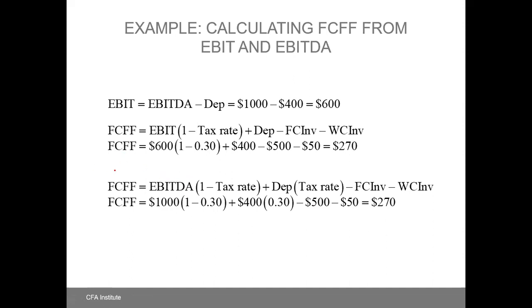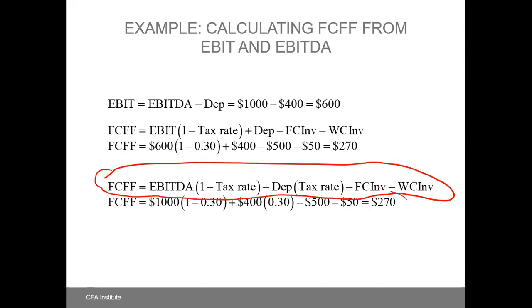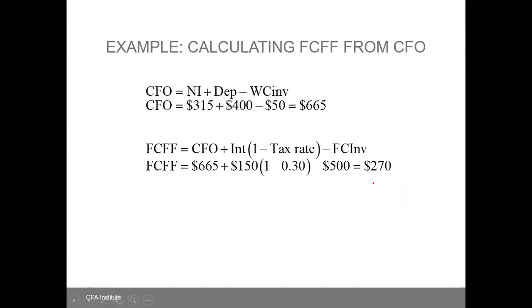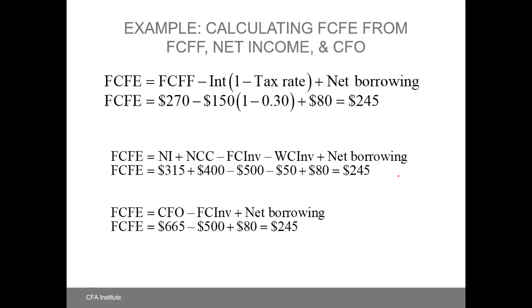You see your favorite one? Yes, sir. Okay, the same thing, 270. And the one which I provided to you for the term paper should give you the same thing, 270. You can verify it. And for free cash flow to the equity, you get the 245.